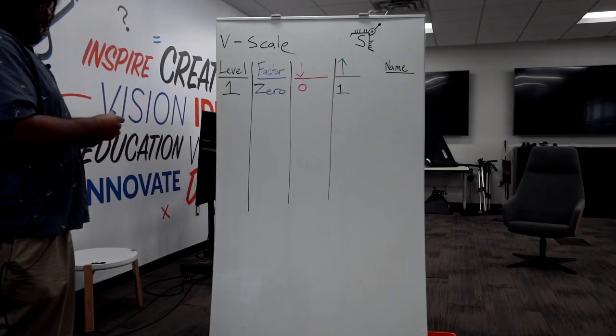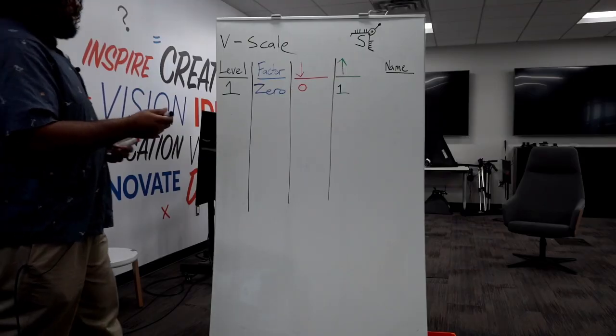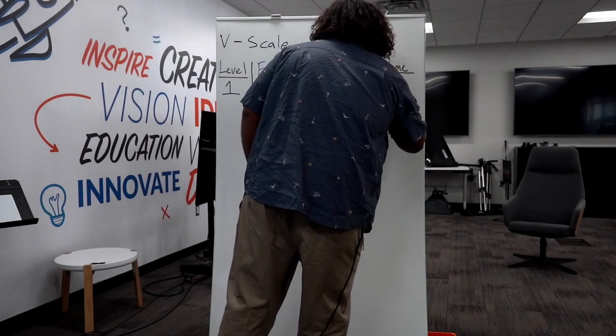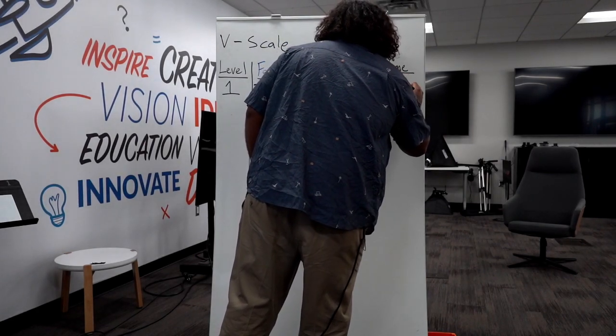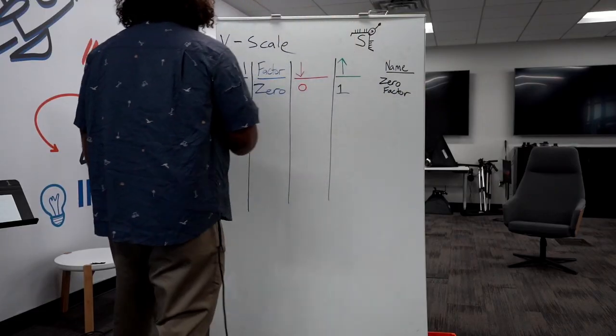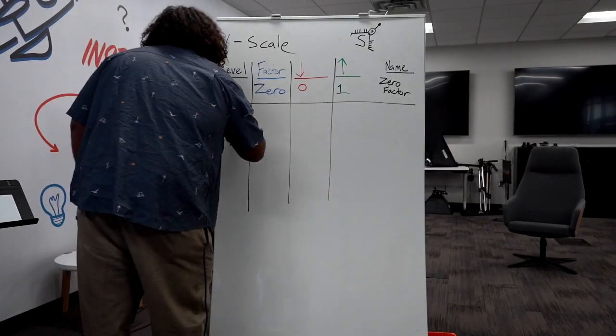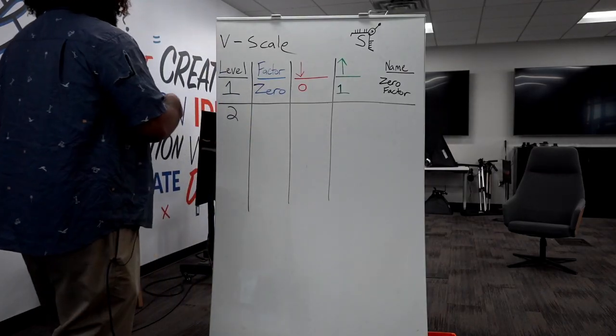It's kind of sort of redundant, but that's just a 0 factor. So beyond that, we have the second level, which is the first factor.